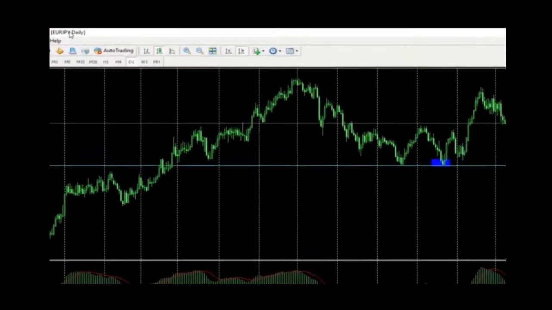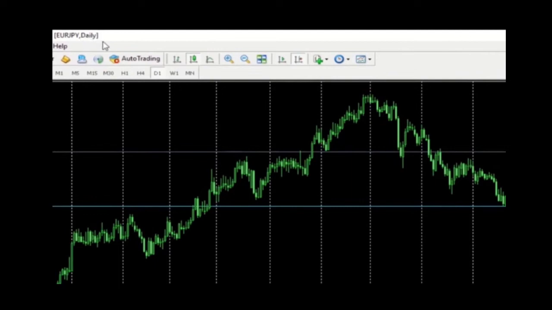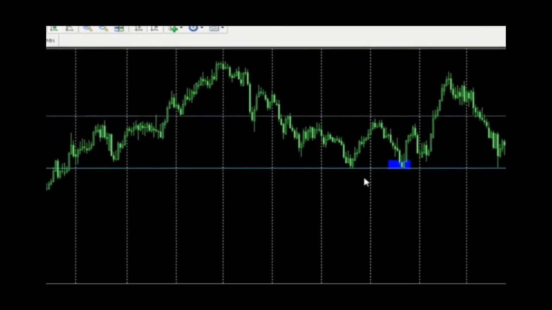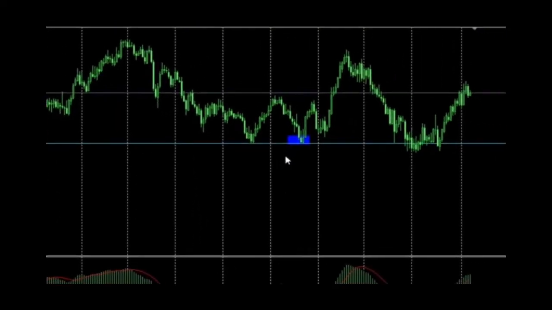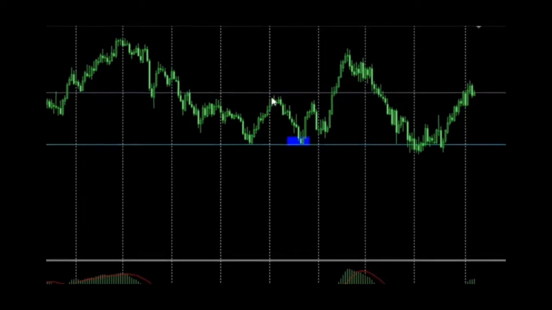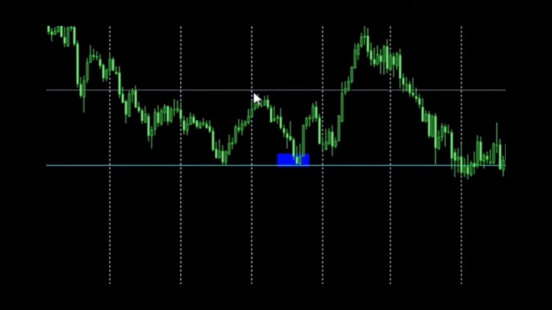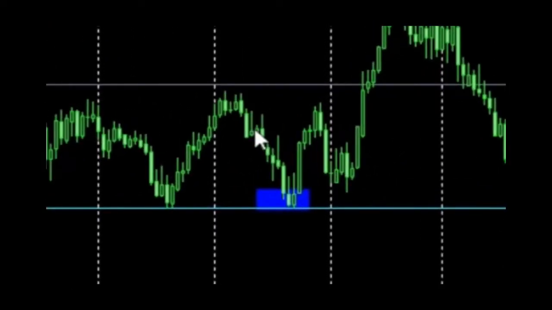This is another pair. This is the Euro JPY daily chart. Okay? Here, this is a trade that I took, so I'm going to explain to you why I drew this level right there. When I saw that the price was coming down here, this here didn't exist, okay? Price was coming down, but I saw that this level could have been one.